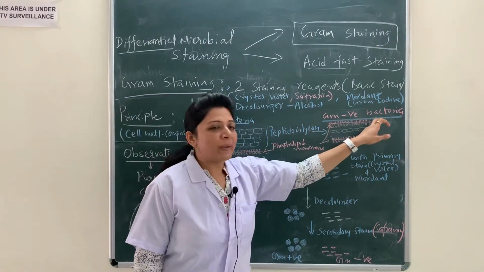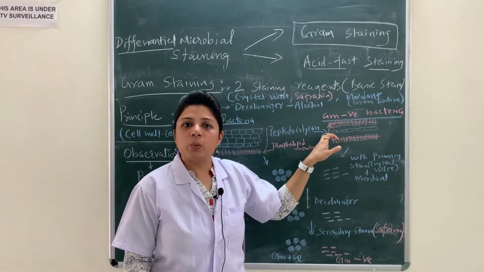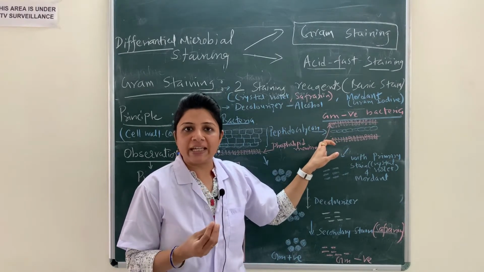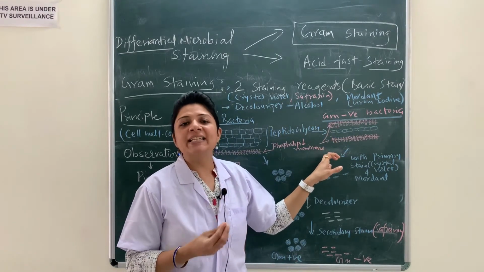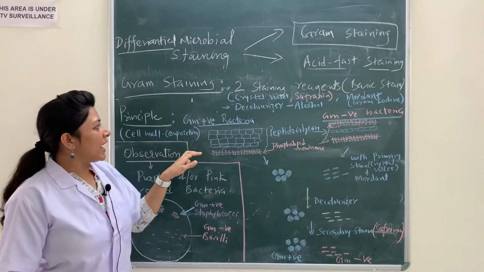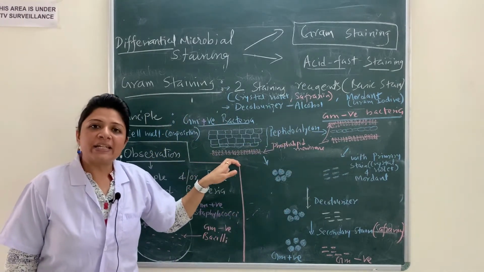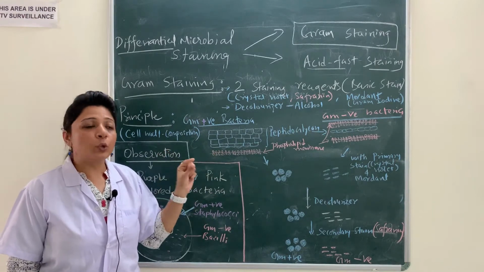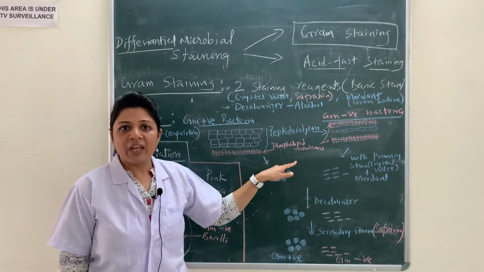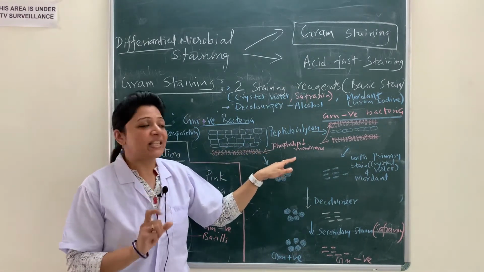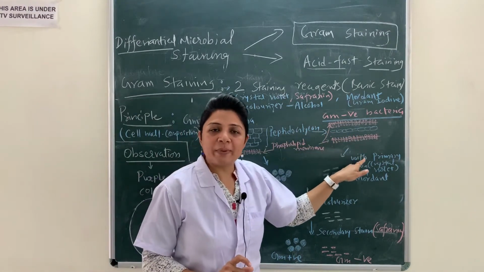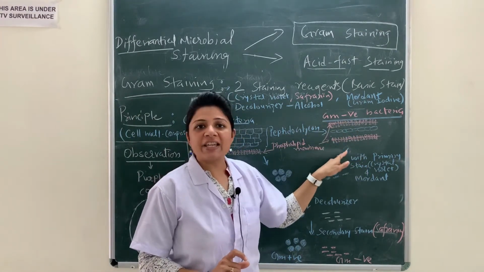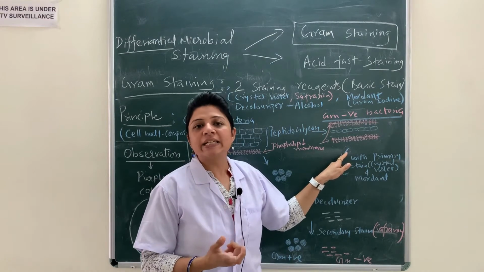Whereas gram negative bacteria have only one or a few layers of peptidoglycan, so the overall thickness is less. Apart from that, the gram positive bacterial cell wall has very little phospholipid content. The lipid content is very low, whereas in gram negative bacteria the phospholipid layers are more and the lipid content is higher.